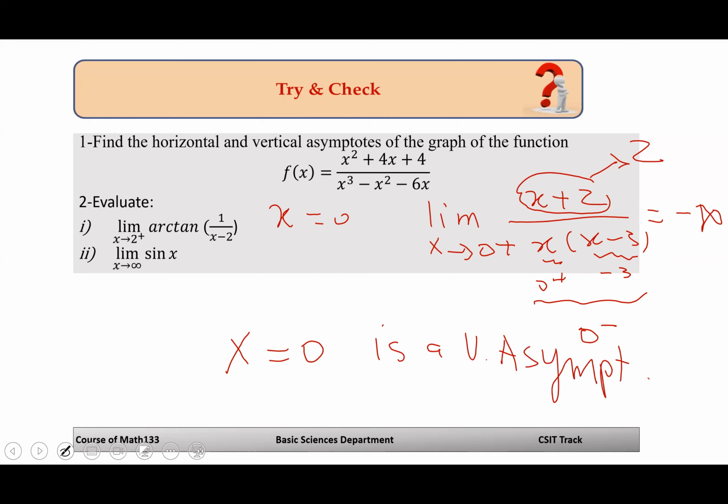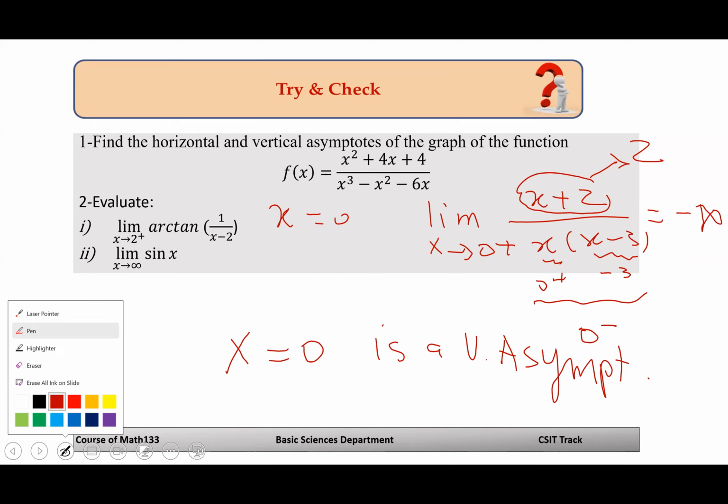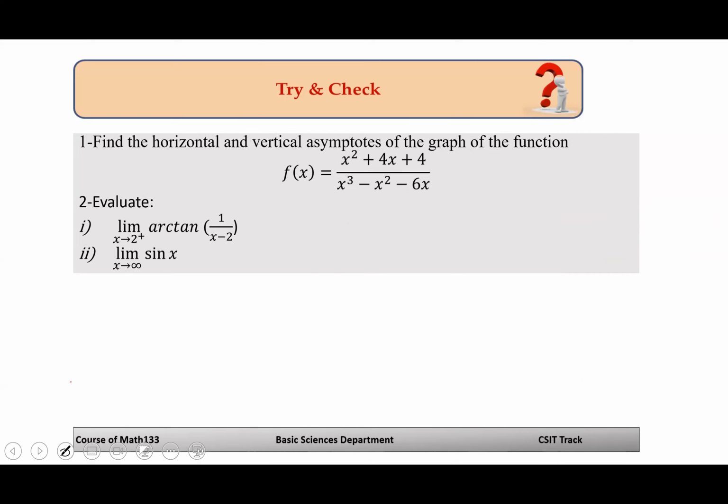Okay, that's for part 1. Now we will go for the second example: the limit of arctan when x approaches 2 plus. Look at here, we are in this example, x approaches 2 plus. That means that x minus 2 approaches 0 plus.